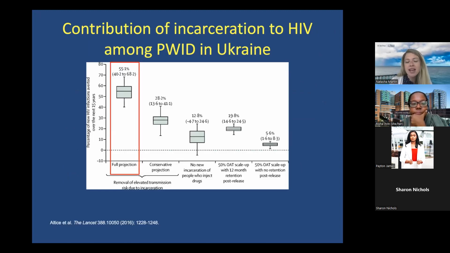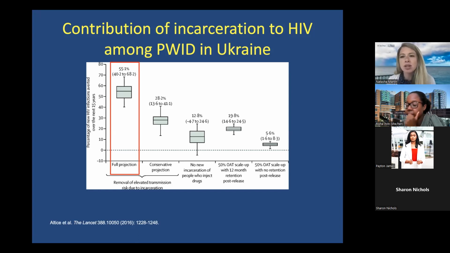This is an example of some work that our team did that was published in the Lancet a few years ago. This is using a dynamic model I was talking about before. It mechanistically simulates transmission of HIV among people who inject drugs. And using these statistical associations I just showed you in terms of the increased risk of HIV and hepatitis C acquisition if you're exposed to incarceration, we can use it to estimate the contribution of incarceration to new HIV infections over the next 15-year period.